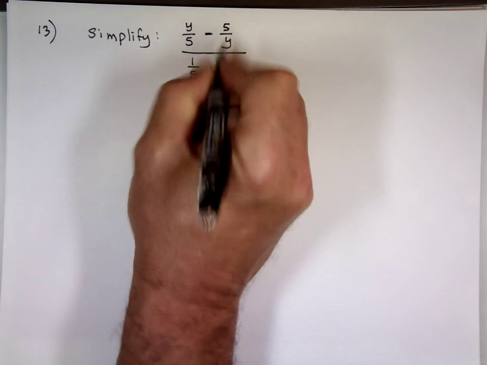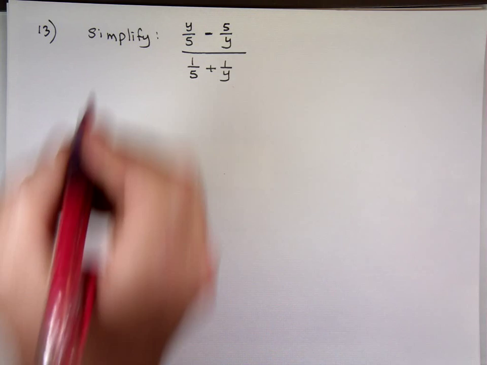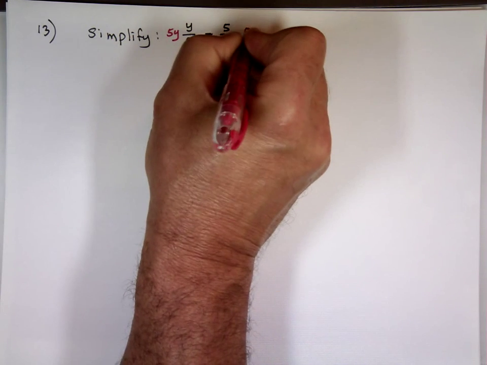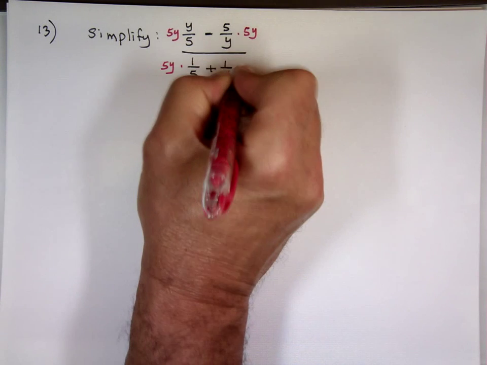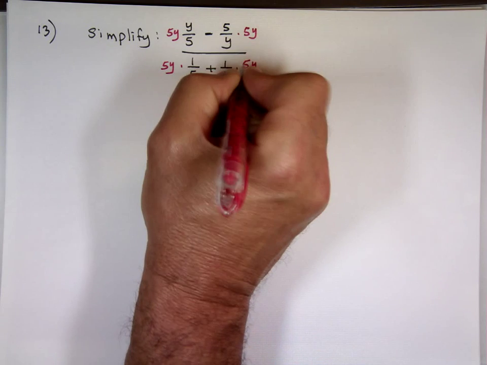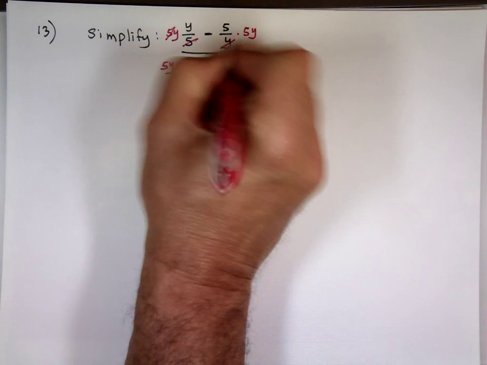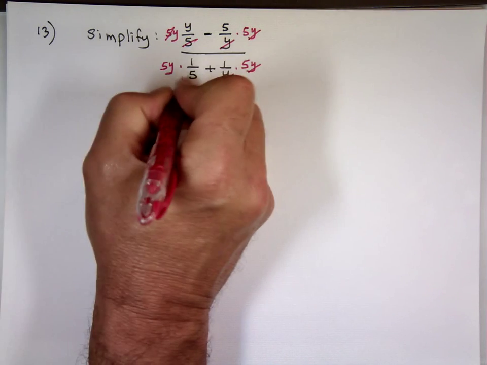If you look at these 4 fractions, the LCD for them is 5y. So multiply each one by 5y. And you can see the 5 cancels the 5 here. The y cancels the y. The y cancels the y. The 5 cancels the 5.